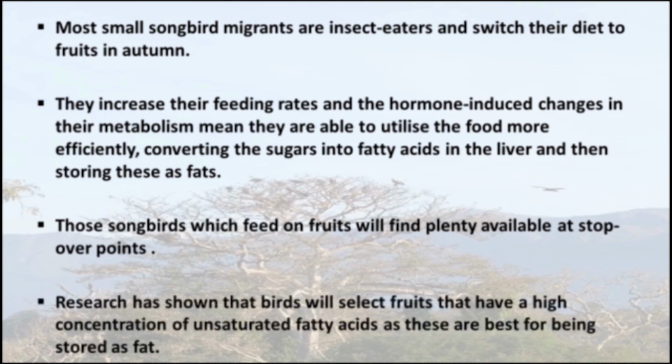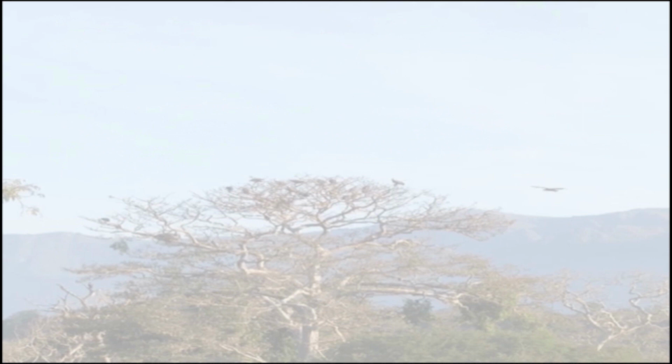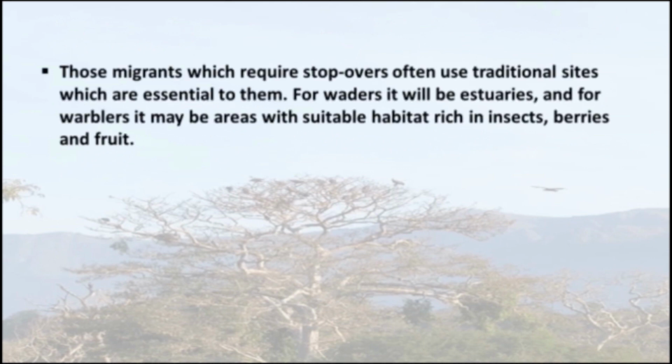Research has shown that birds will select fruits that have a high concentration of unsaturated fatty acids, as these are best for being stored as fat. Those migrants which require stopovers often use traditional sites which are essential to them.